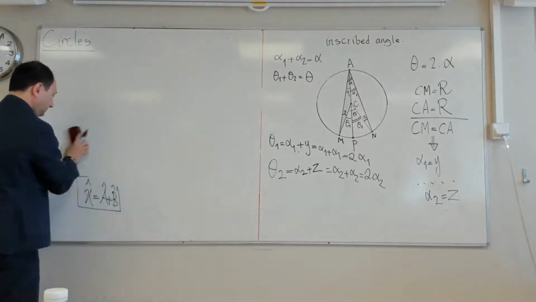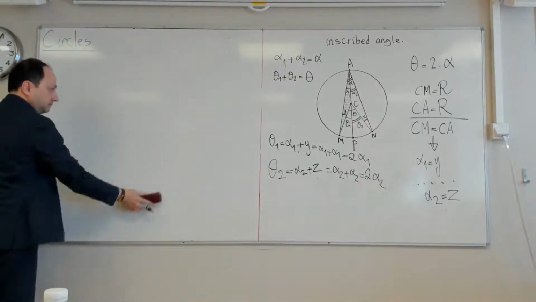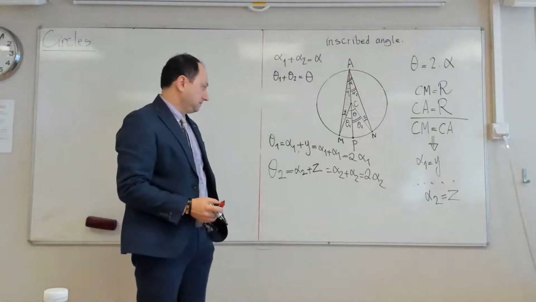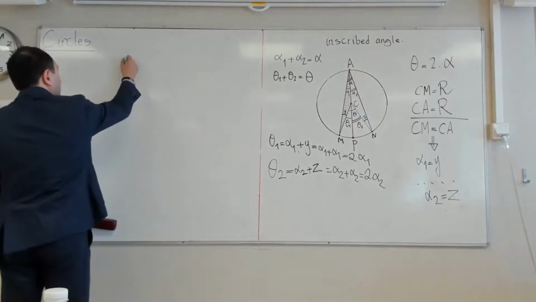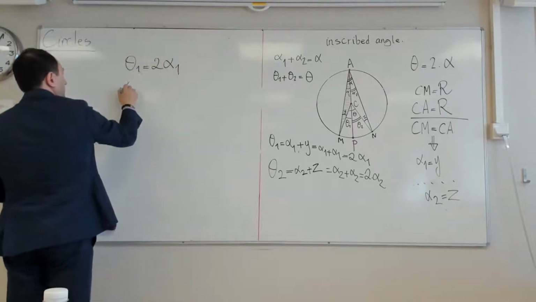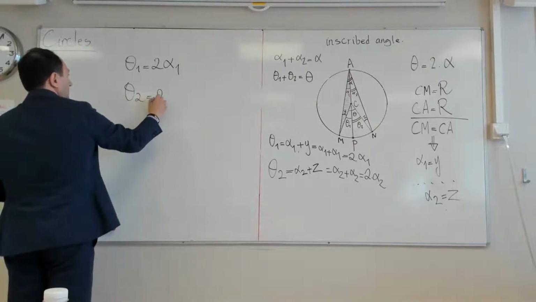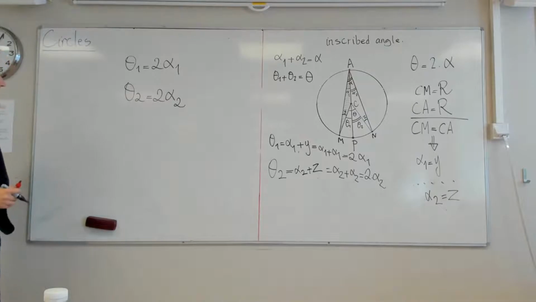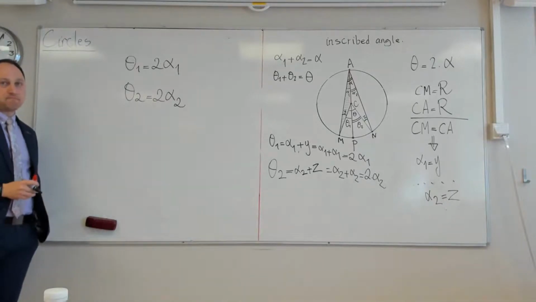Well, you say that, okay, so theta 1 and theta 2 together, they're just theta. Yes. And you say theta 1 is 2 alpha 1. Yes. And theta 2 is 2 alpha 2. Yes.